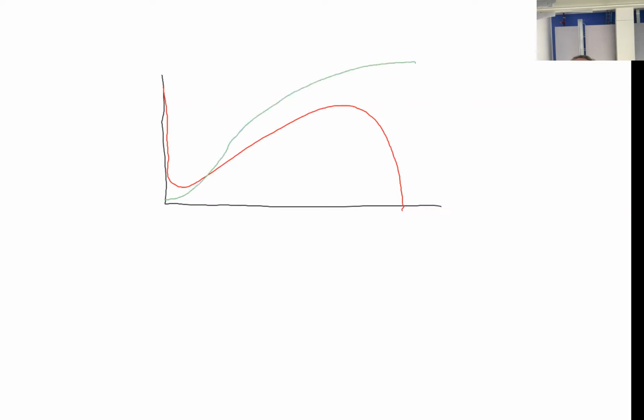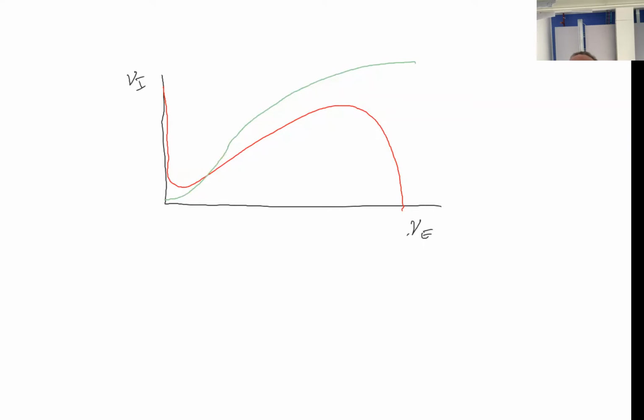Okay, so fast inhibition, let's label the axes. So nu E, nu I. So fast inhibition means inhibitory neurons stuck on this line, right?